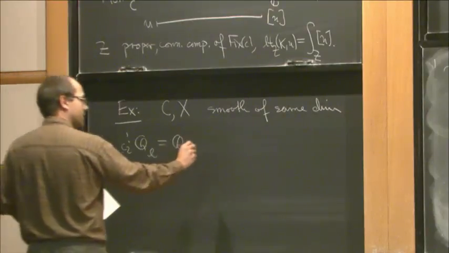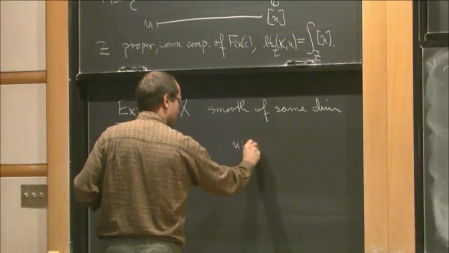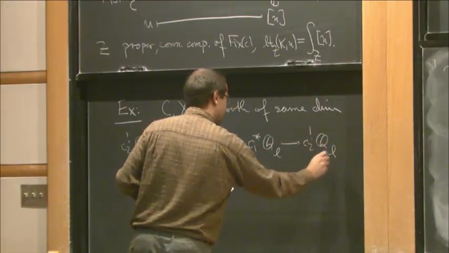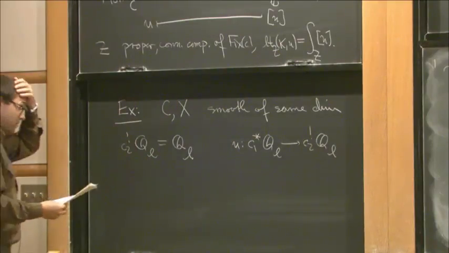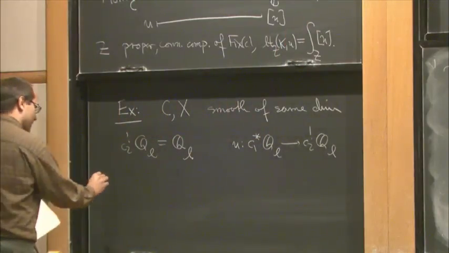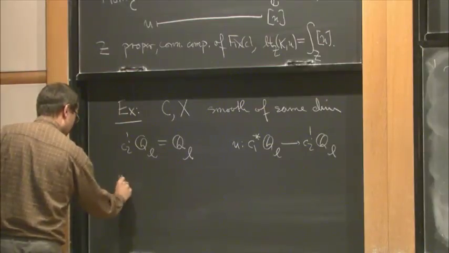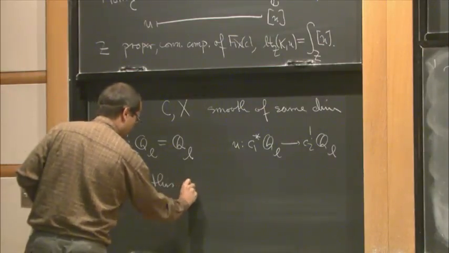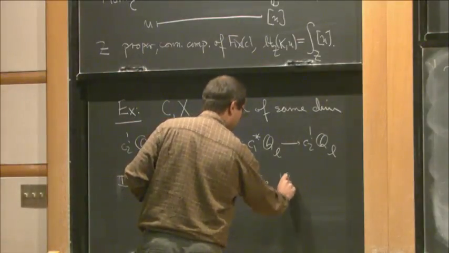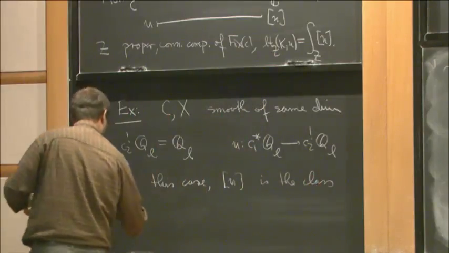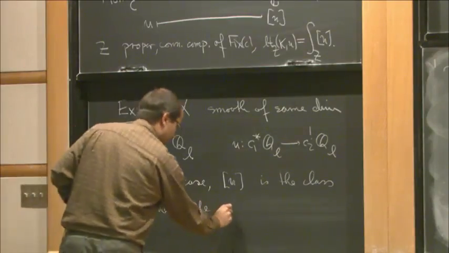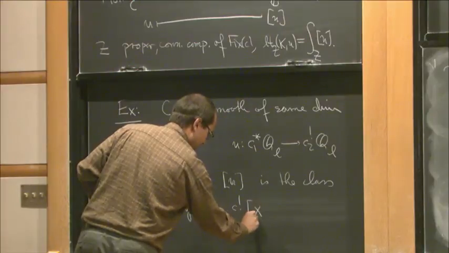But there's a canonical U from C_1^* Q_L to C_2^! Q_L. Of course, the fixed point locus may still be singular, so this might be a non-trivial gadget, but it's still true that this class U is the class of the cycle which is obtained by C^! of the fundamental class of the diagonal.